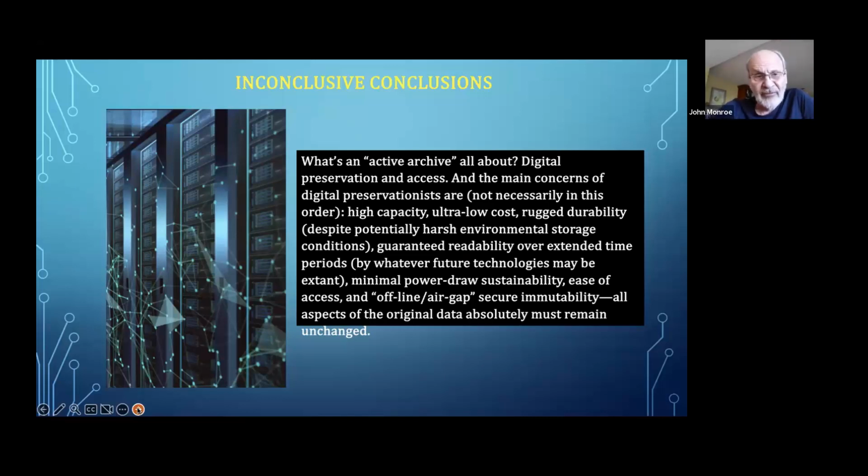How are you going to read it 25 years from now? Minimal power draw and sustainability, and that could be the most crucial purchasing decision in the coming years. We're really running out of space and energy, and something has to be done about it. Ease of access, certainly that is what this group is all about. And again, really crucially, offline air-gap secure immutability. All aspects of the original data absolutely must remain unchanged.